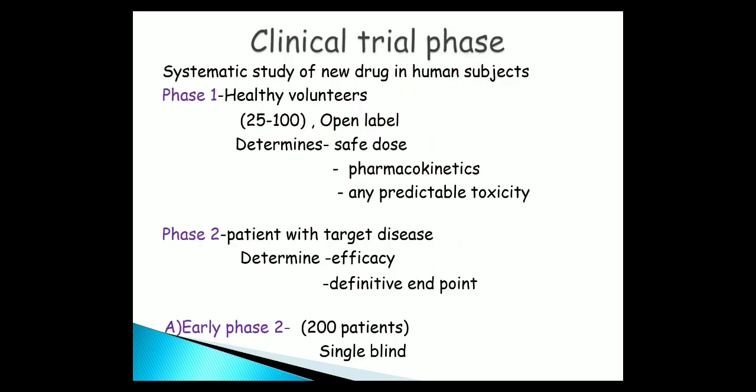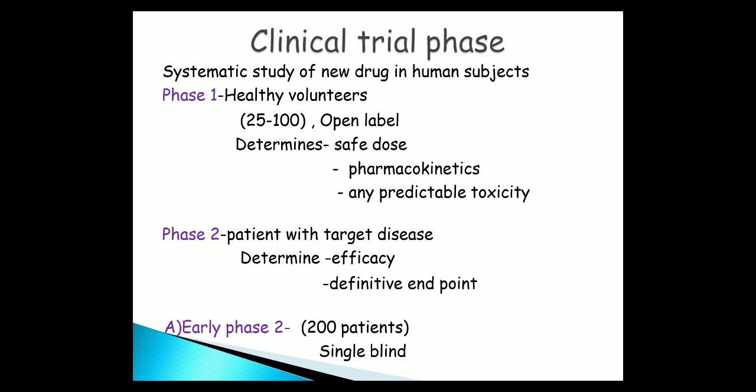Next is clinical trial, the third phase. It's very much important, guys. Here is the systematic study of a new drug in human subjects. In the second stage, the experimental or preclinical stage, we study our drug in healthy animals.